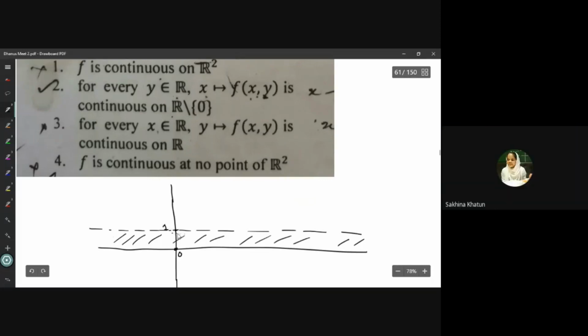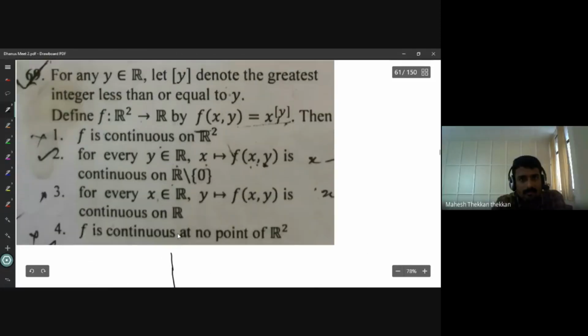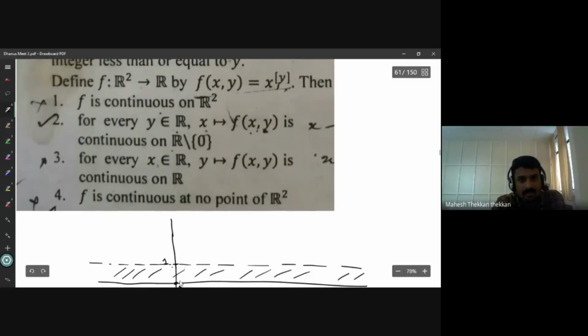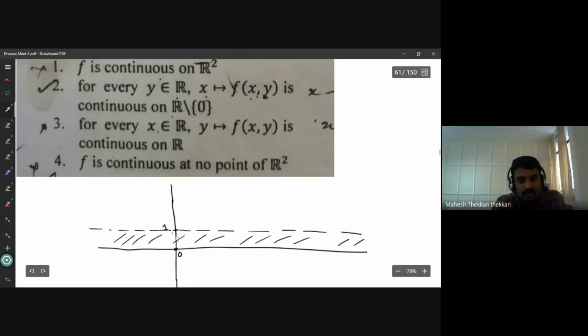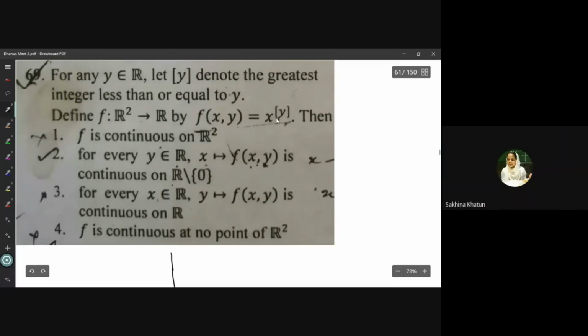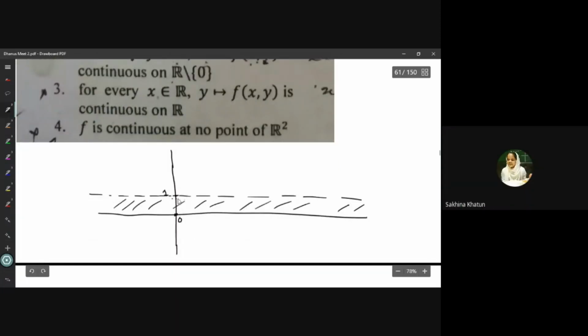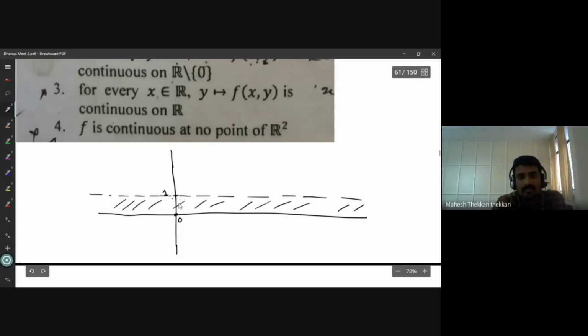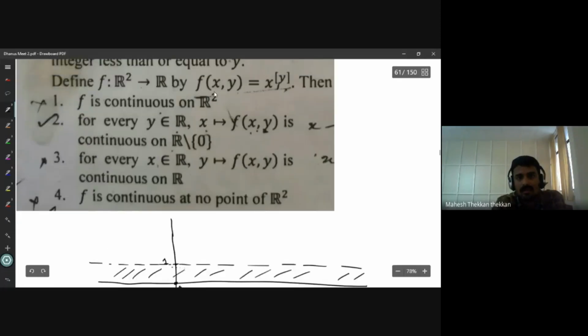1. Why? Because the integer part of y is 0. So whatever you take, f(x, y) will be x power 0, which will be 1.